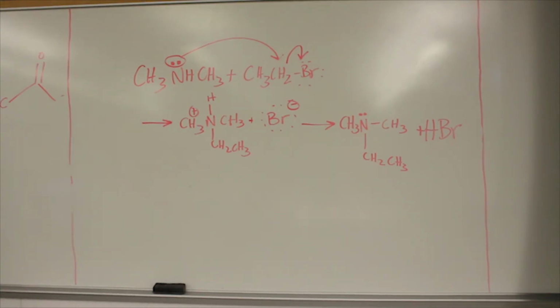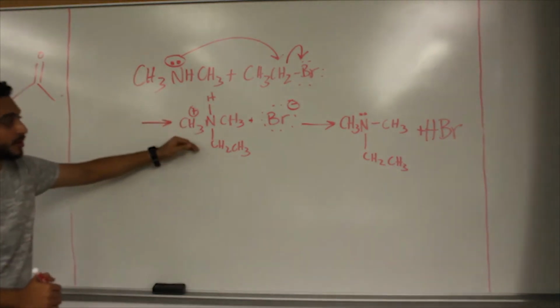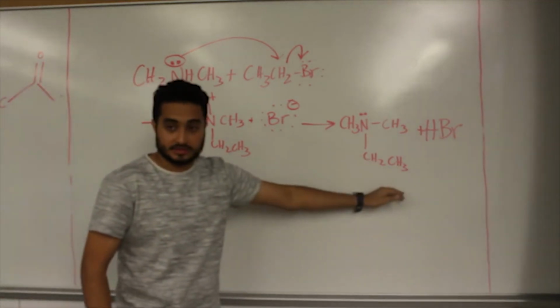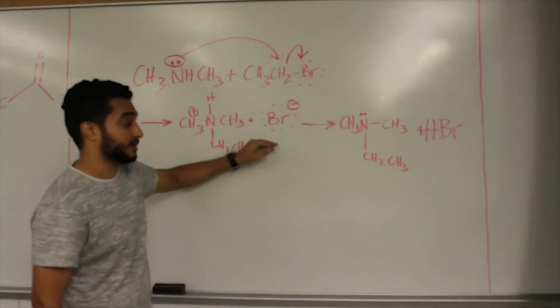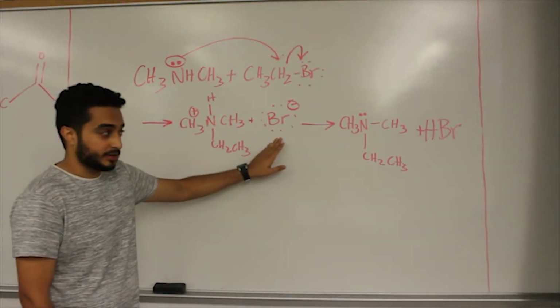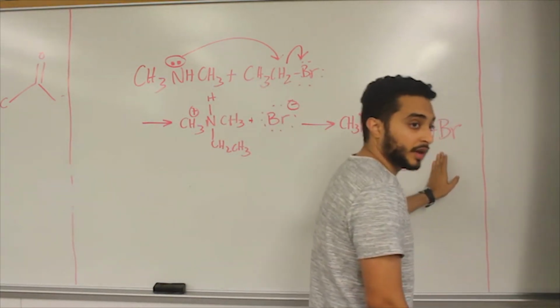Pretty much what happens after that is, after having shown those arrows on this part, you have to compare this with this, just like how we compared this with this. Okay? So over here, we see that this bromine that was isolated has now become an HBr, okay?